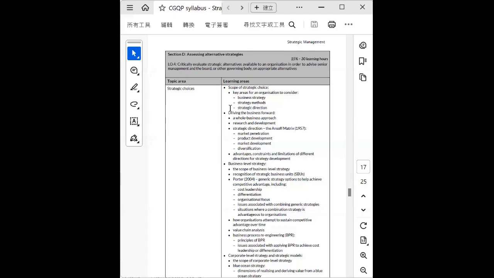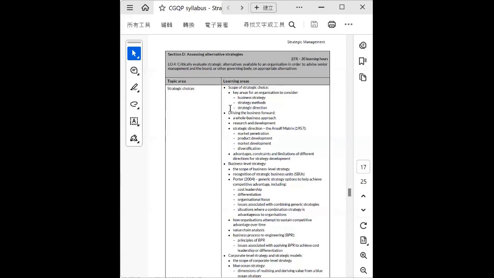For example, a food and beverage company may adopt strategic directions of market development by introducing the products to the international market, or leveraging the brand reputation to attract new customers. I think you understand these terms.